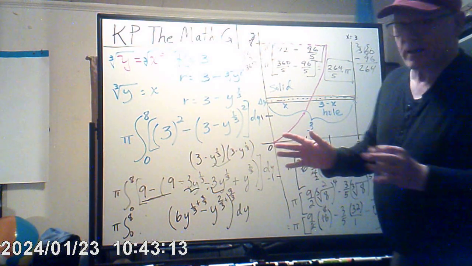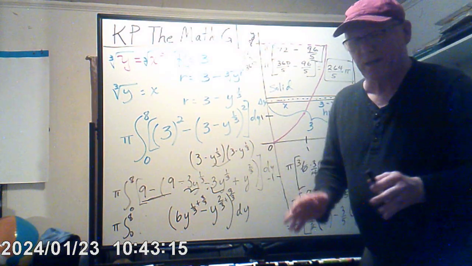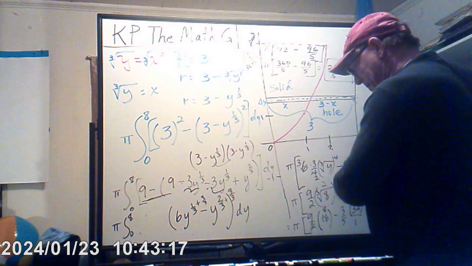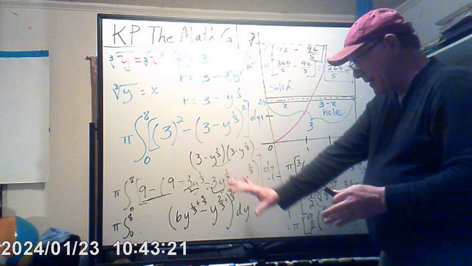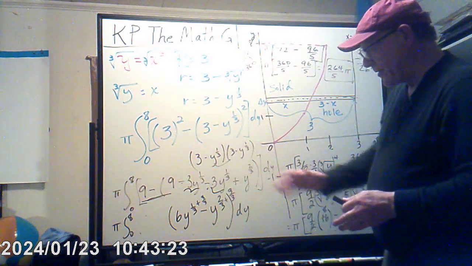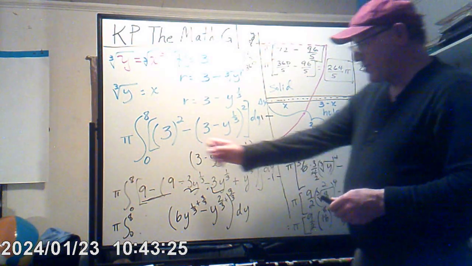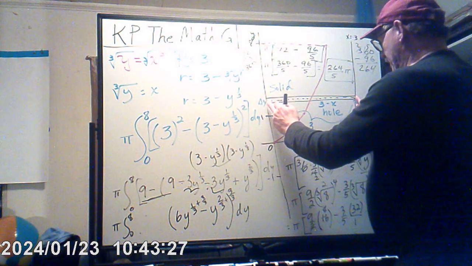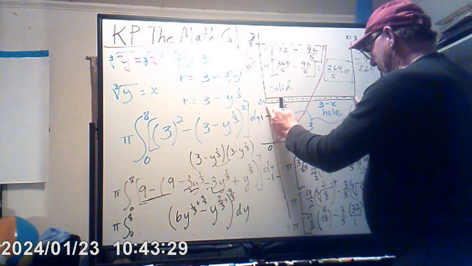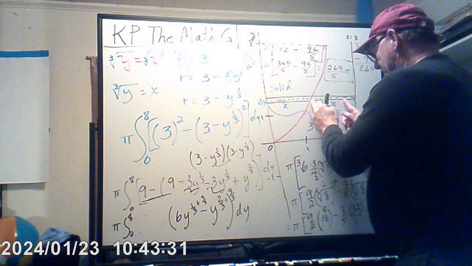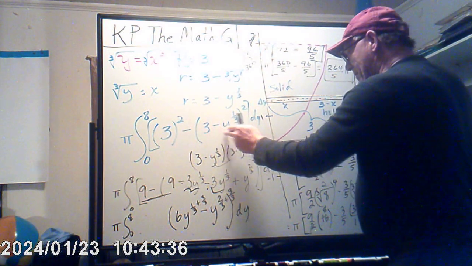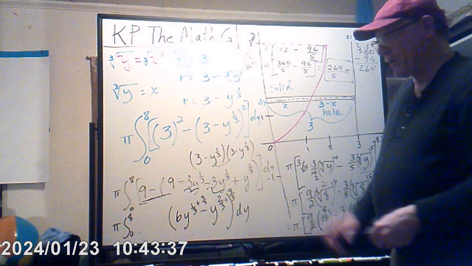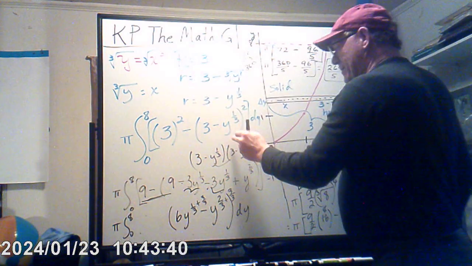But the idea is learning how to set it up. I believe you can easily, hopefully you can easily find a derivative, but just setting this up. 3, alright, that's the entire thing. This part needs to be subtracted off. This is that whole, so 3 minus x. But x happens to be y to the 1/3.